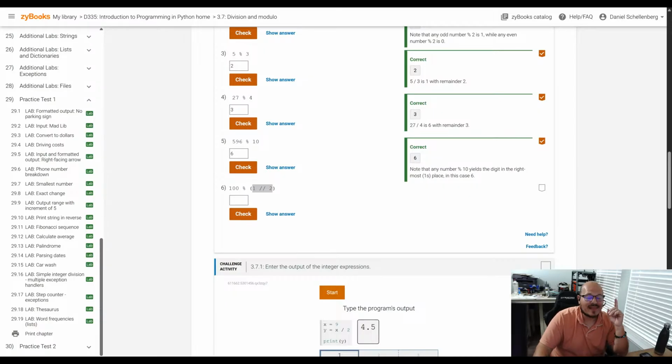And remember, the floor division will keep all the digits to the left of the decimal. In this case, 1 divided by 2 is 0.5. So that tells me this is going to try and do 100 modulo 0. But we can't do that because you can't divide by 0. So to me, this is going to throw an error.